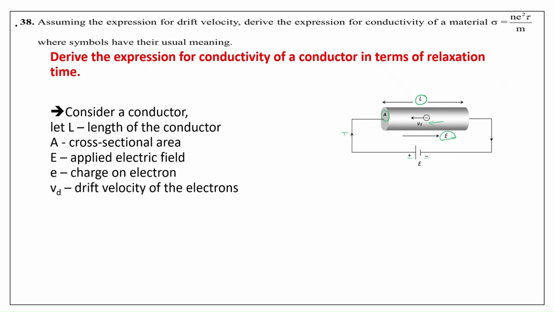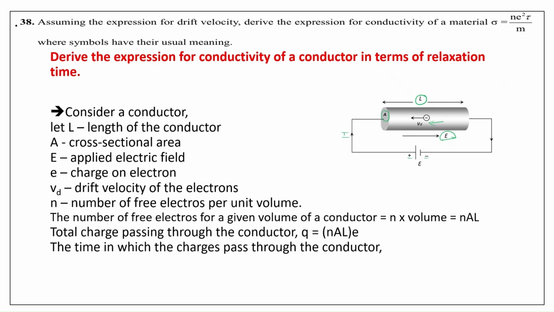N is number of free electrons per unit volume. The number of free electrons for a given volume of a conductor is equal to N into volume, which is equal to NAL. Total charge passing through the conductor, Q is equal to NALe. The time in which the charges pass through the conductor, t is equal to L by Vd.